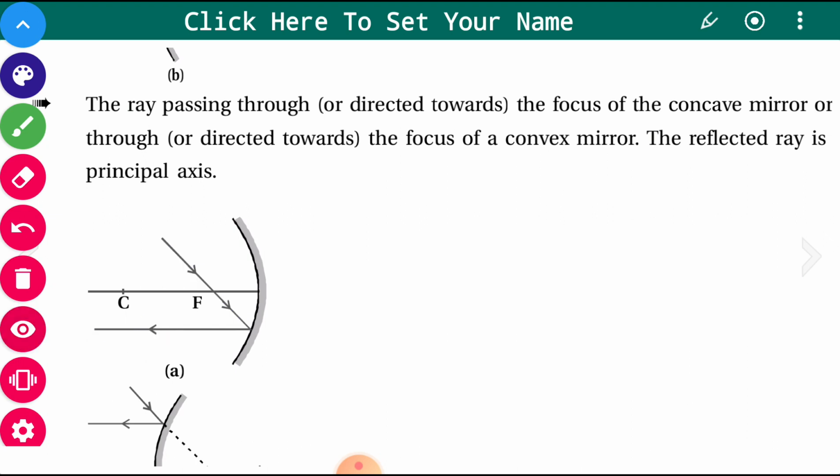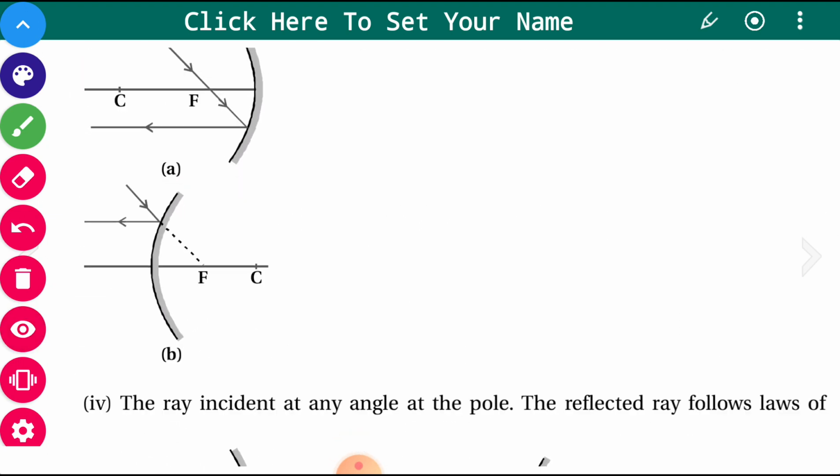And for the convex mirror you can see this ray is appearing to pass through the focus of the convex mirror. If you extend it, it passes through the focus, then after reflection it becomes parallel to the principal axis.